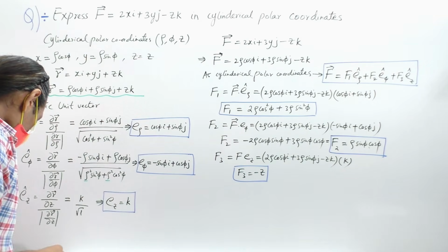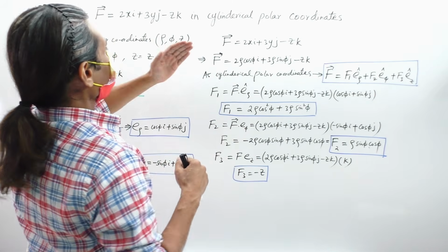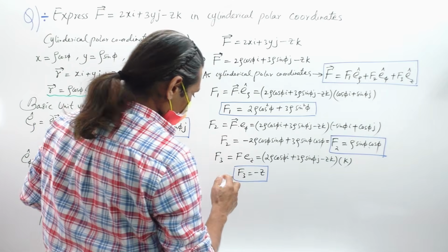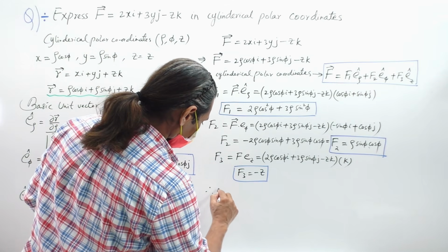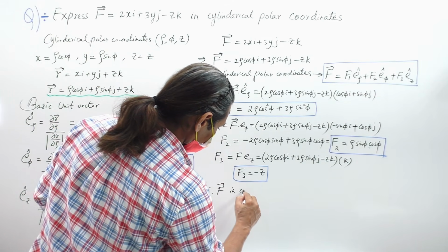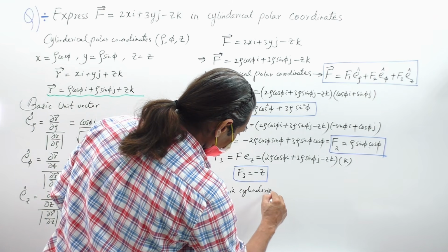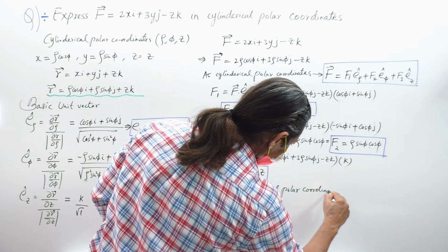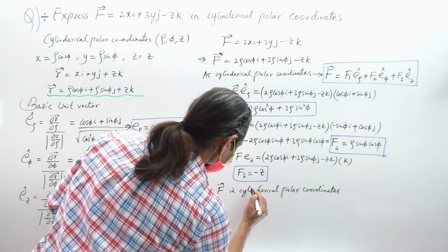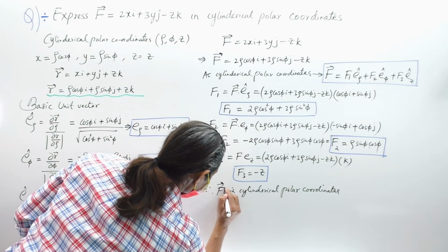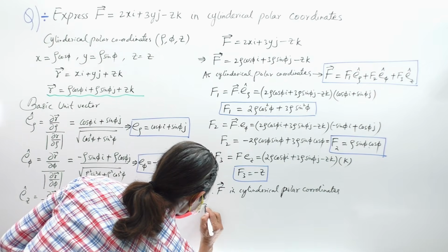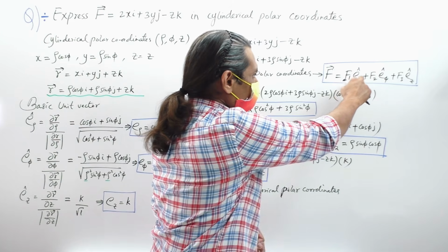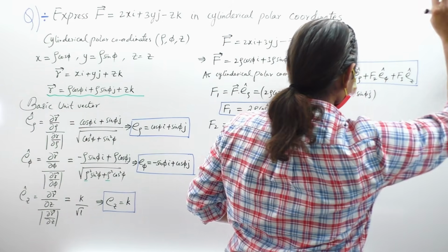Okay. Therefore, we are able to express the given vector F in cylindrical polar coordinates as, what's the formula we have? F vector equals F1 e_ρ plus F2 e_φ plus F3 e_z.